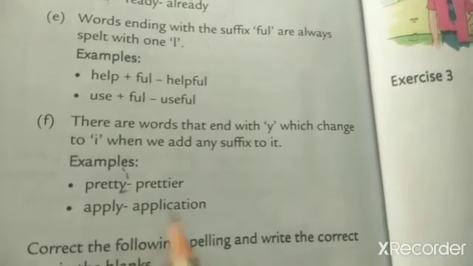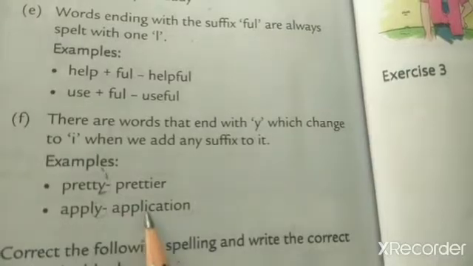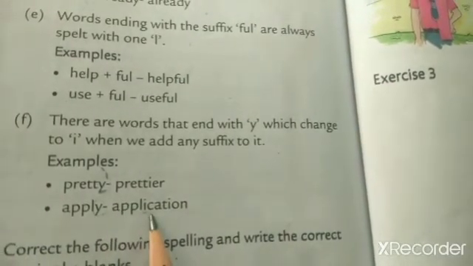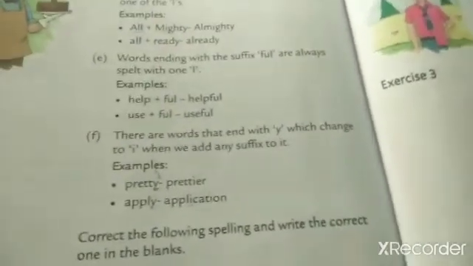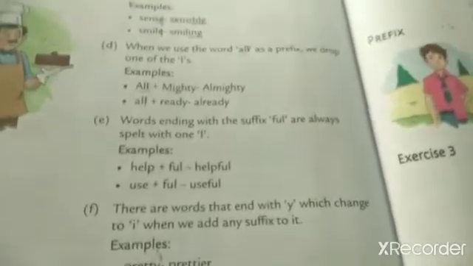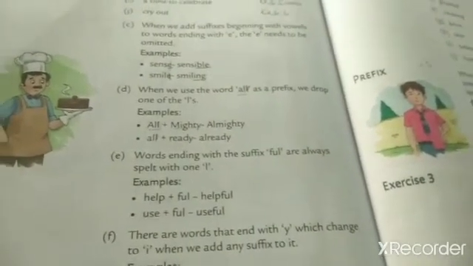Apply, so application. Here also you can see Y is removed and instead of Y, I is used, so it becomes application. Understood?